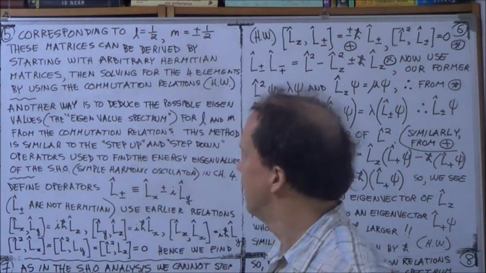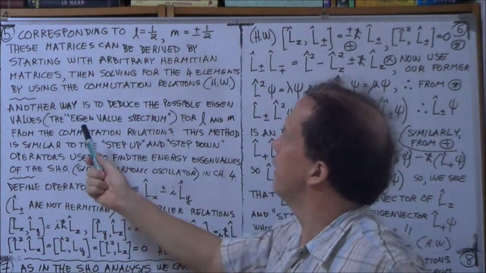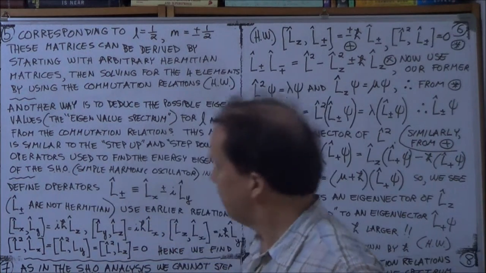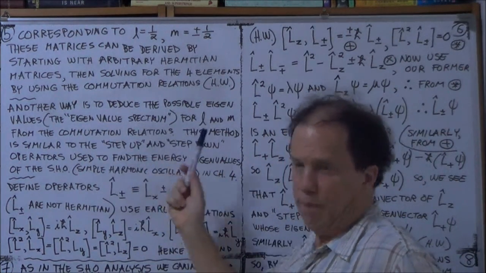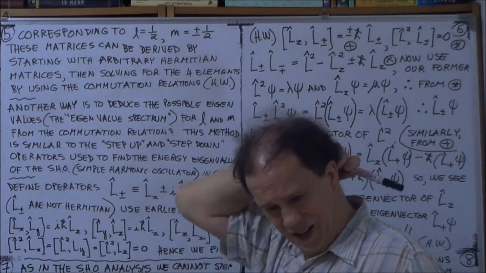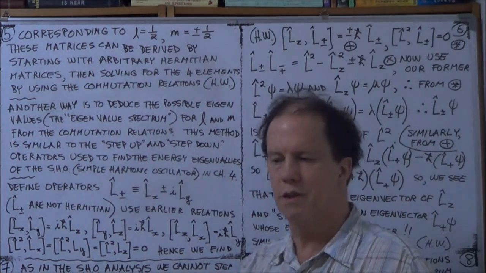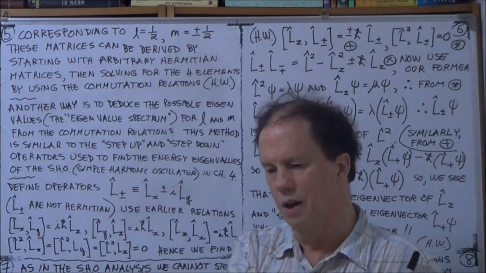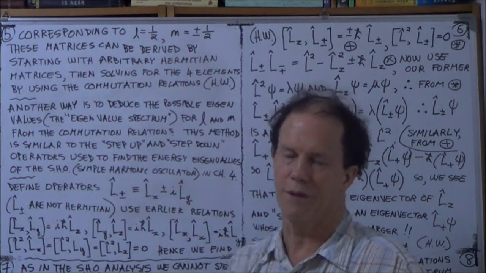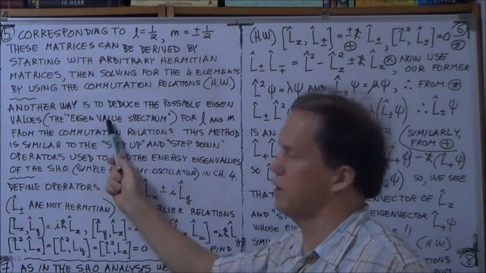Now there's another way you can do that, and it's via what's called the eigenvalue spectrum. Spectrum, in this context, just means all possible eigenvalues. You've probably heard the expression in English, the whole spectrum, meaning all possible ways of something.